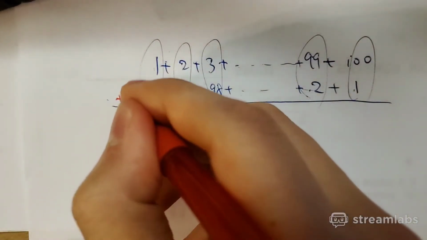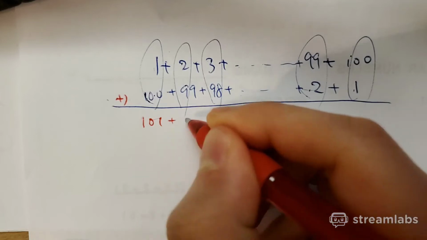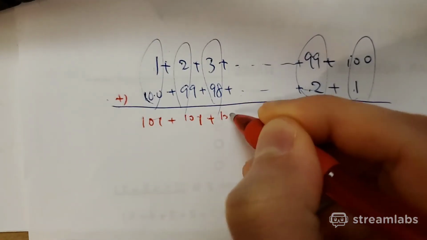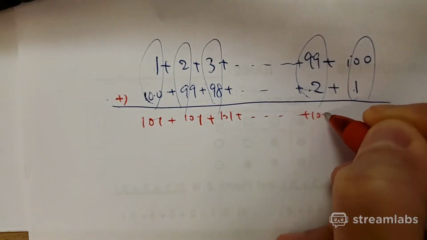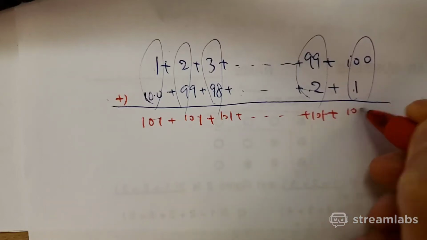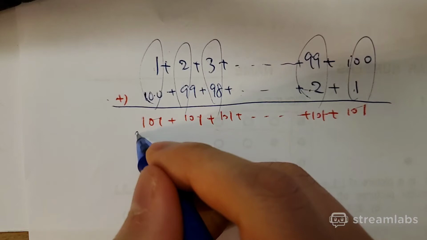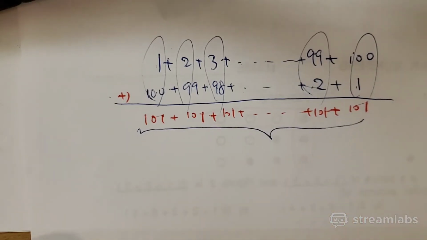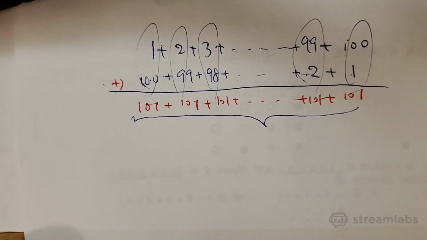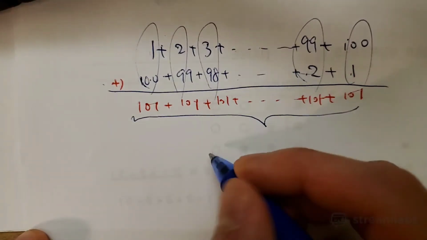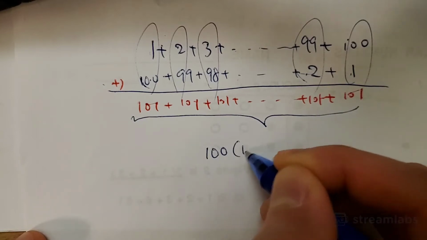So add together, you can get 101 plus 101 plus 101 plus all the way to 101, right? How many 101s are there? 100. So the total of this should be 100 101s, right?